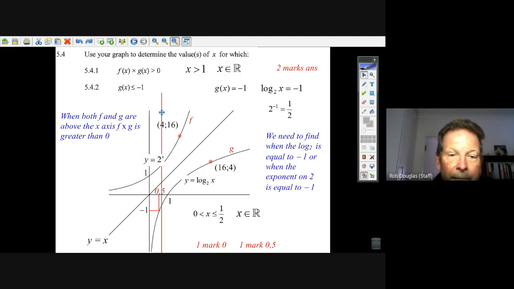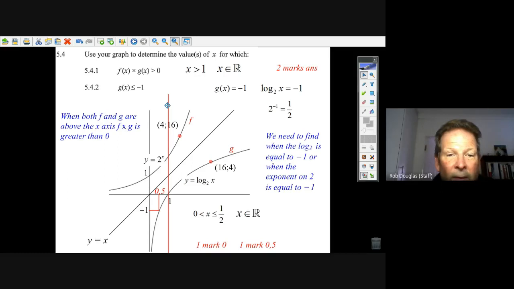Okay, right here. If I stop right there, you can see that the f value right there would be positive, but the g value would be negative, and a positive times a negative would give you something less than 0. So it just doesn't work there. F times g just doesn't work. But right here, f is positive, but g is 0.